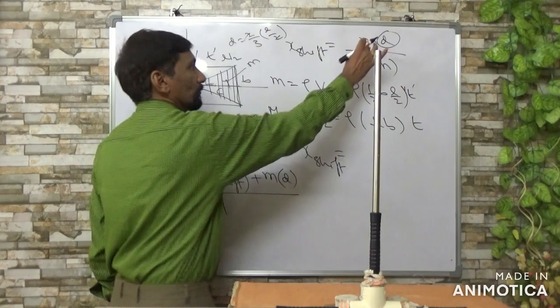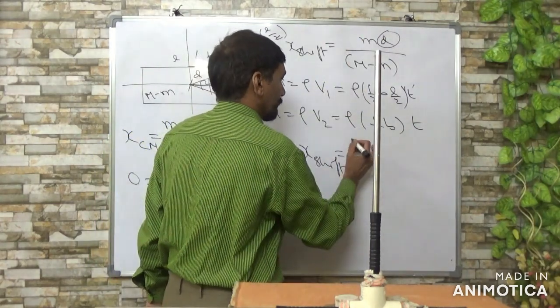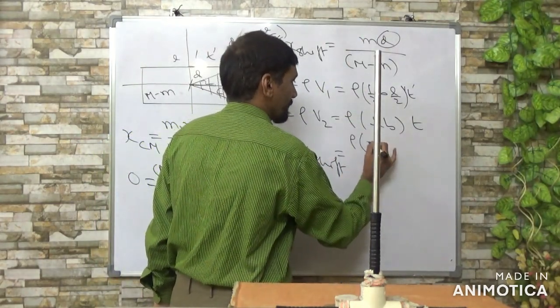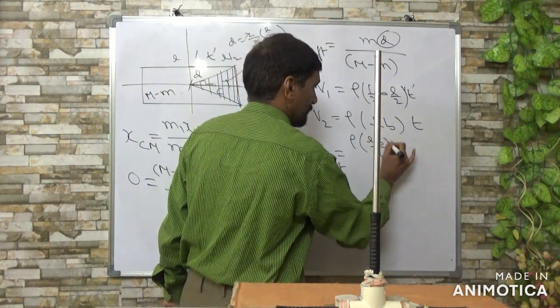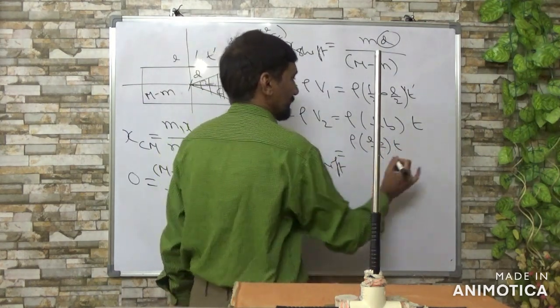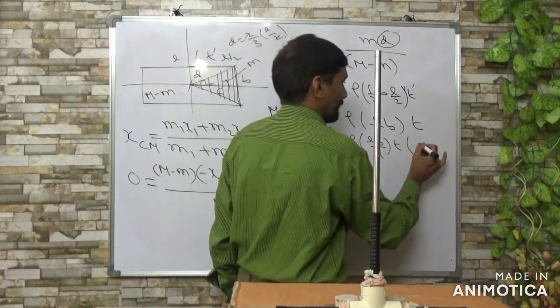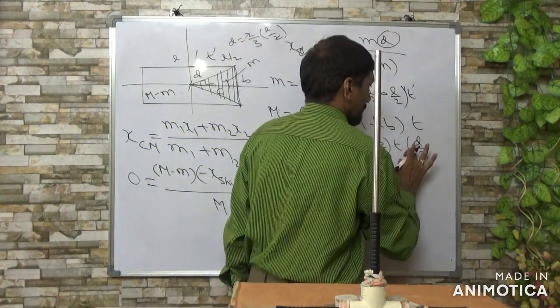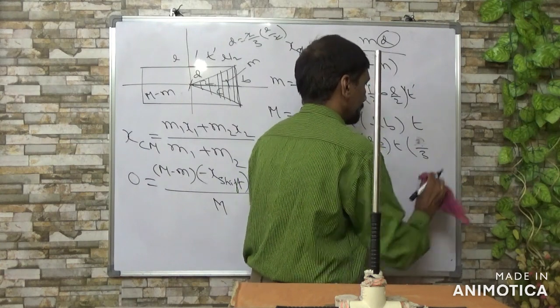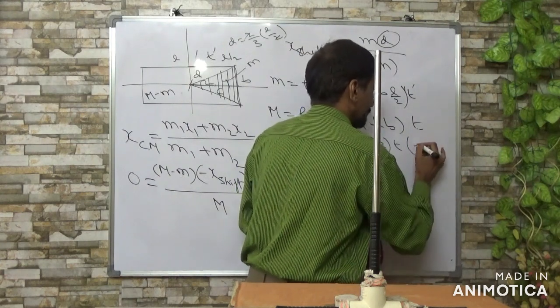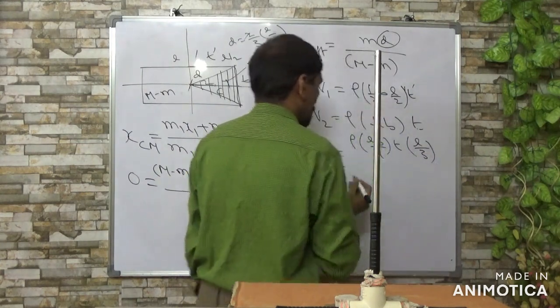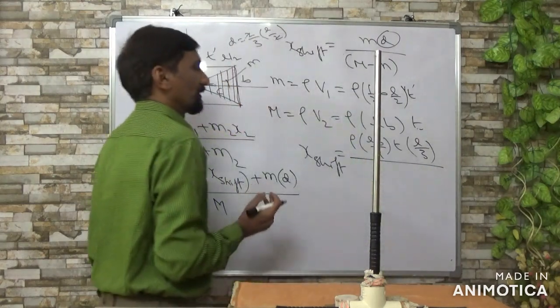Now the mass of the removed one is rho into LB by 4 into thickness, into this distance, that is L by 3, by the remaining mass.